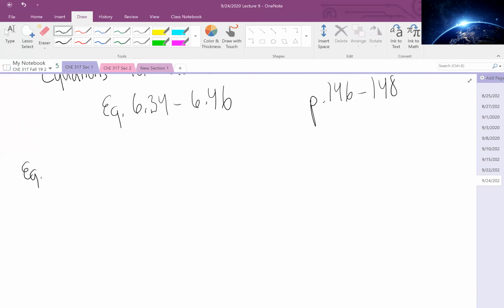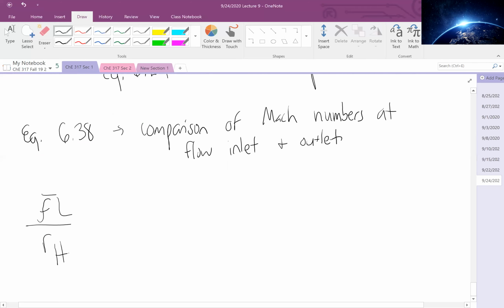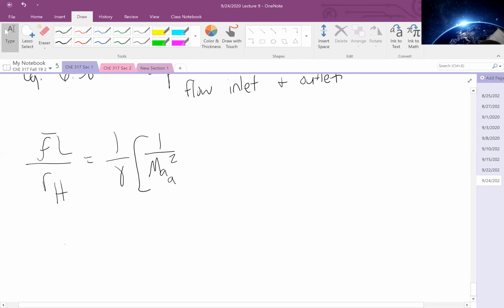Equation 638, which is a comparison of Mach numbers at our flow inlet and outlet, which follows this form, where our friction factor is equal to 1 over gamma times the quantity, 1 over the Mach number A squared, where in this case, A is our inlet and B is our outlet.